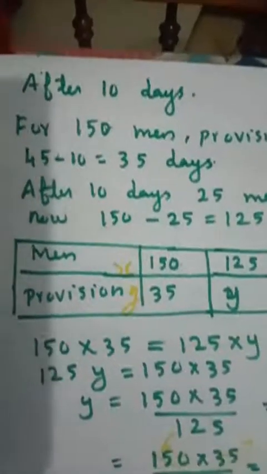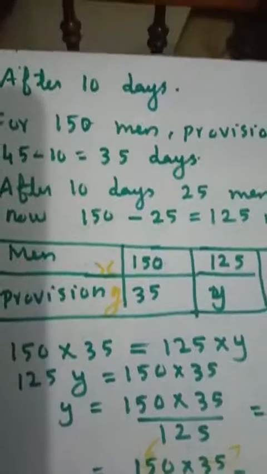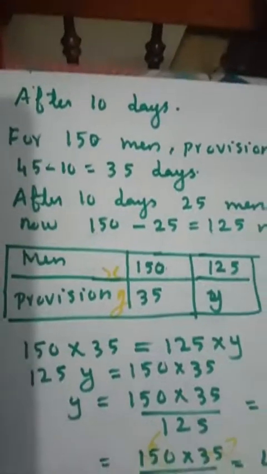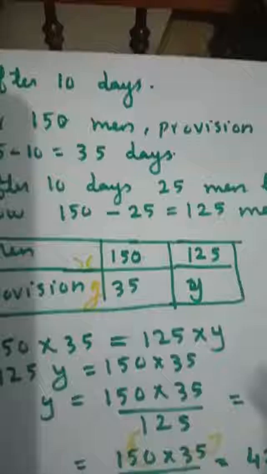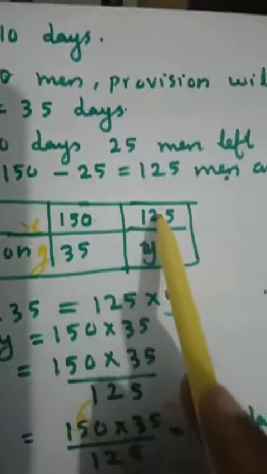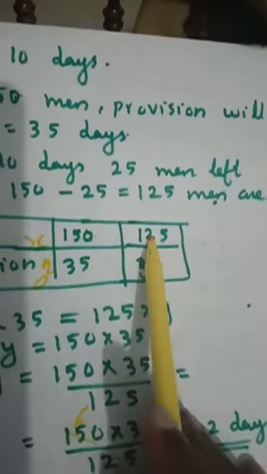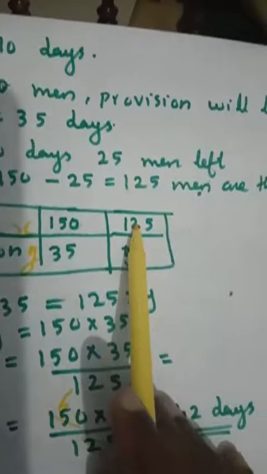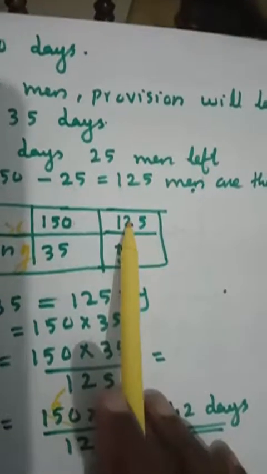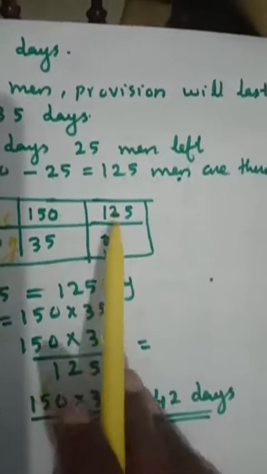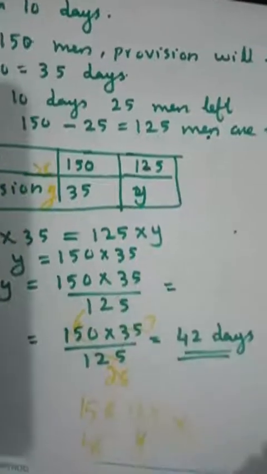So after 10 days means 10 days is over, that is 45 minus 10 days, that is 35 days. So 150 35, then 125 men are there only. From 150 after 10 days 25 men left. So 150 minus 25 is 125, and this is why.